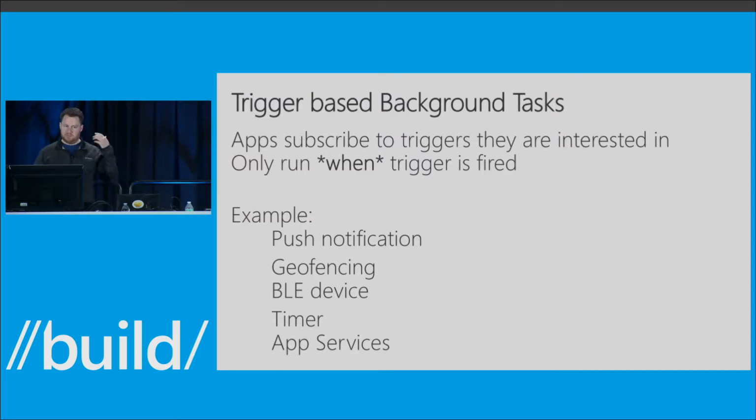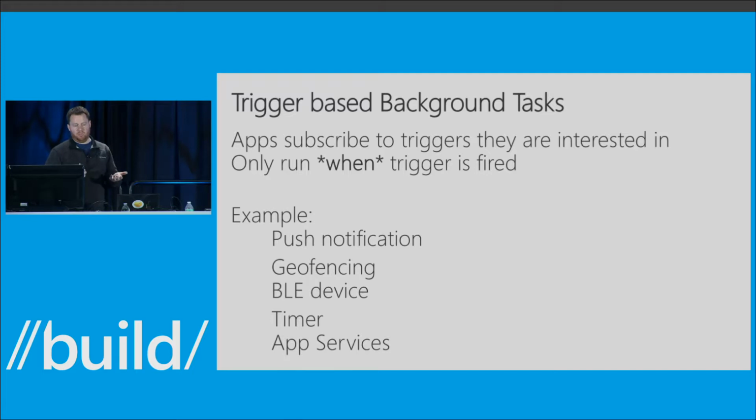So for example, you can subscribe to a push notification trigger. Your background task will fire when a push notification comes in. Geofencing as well. If your device moves locations, it can cross a geofence, which is getting within a particular radius of some location, and you can have a trigger fire in those cases.